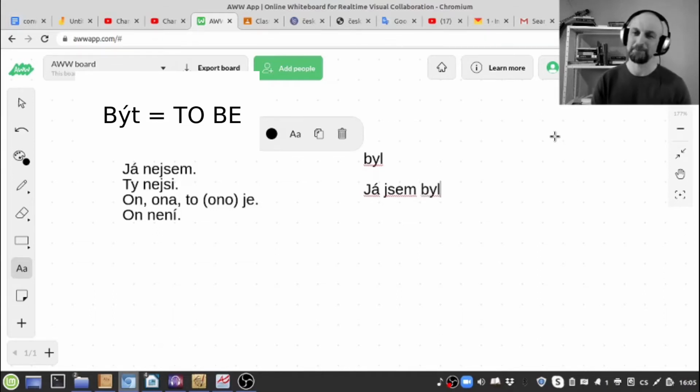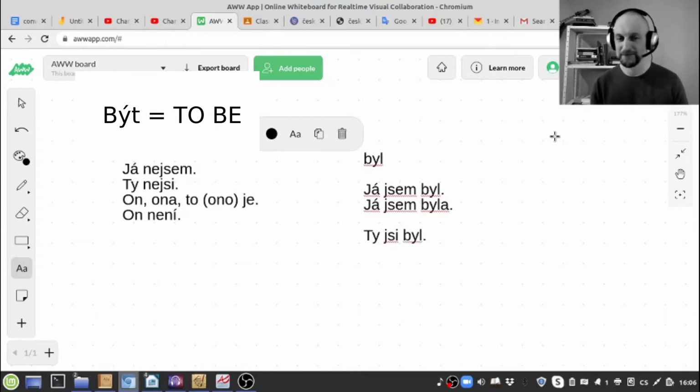Now here you have to decide who you are referring to. In this case, who you are. If you are a man, then this is okay. However, if you are a woman, what you have to say is já jsem byla, which really indicates that you are a woman. Já jsem byl, já jsem byla. The same process we have to implement when we are talking about the second person. So here we would say ty, now the present form is jsi, and the past participle would be byl.